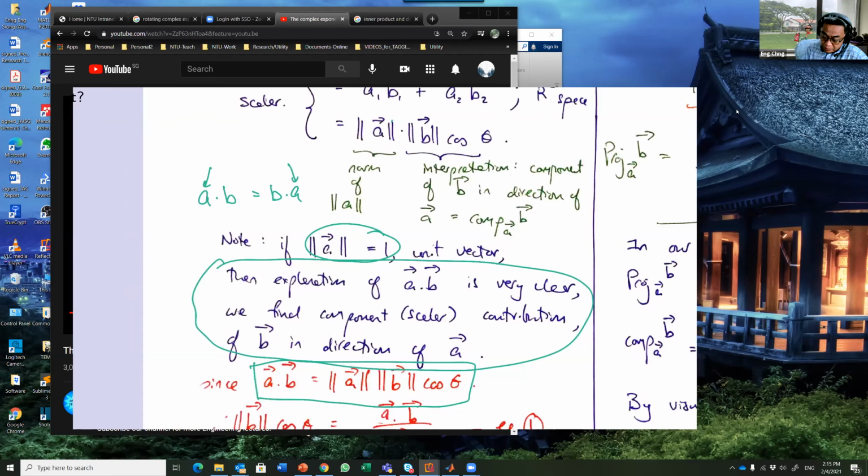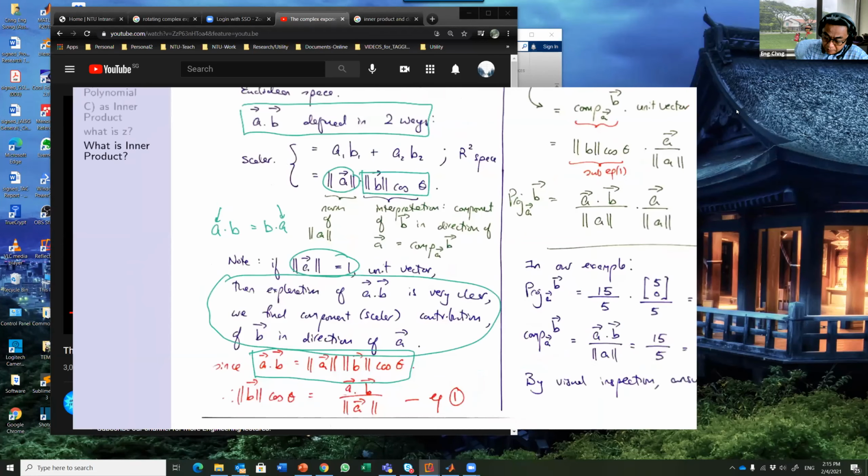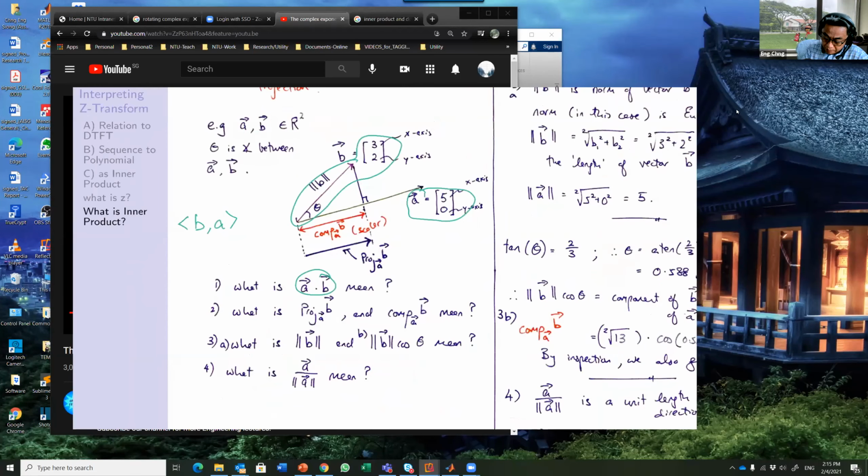If you look at the equation here, B, this is theta, the angle between A and B. The dot product will reveal the length of B along the direction of A. That's the cool idea. The dot product will tell us how much of B is in A.